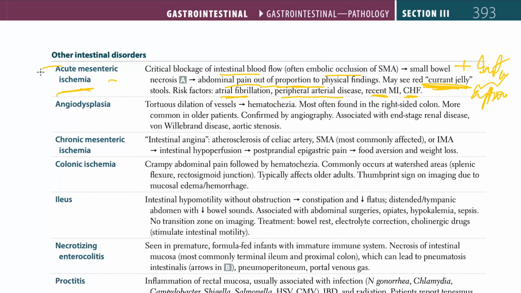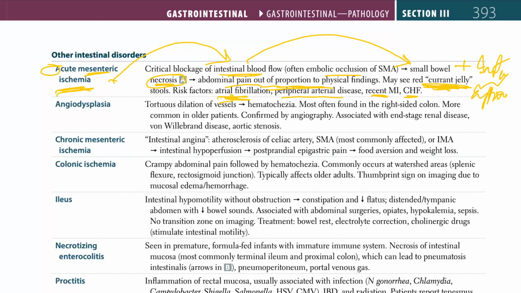So the whole story in acute mesenteric ischemia is that you are blocking the intestinal blood flow, which leads to small bowel necrosis. When you have small bowel necrosis, you have pain out of proportion, and you have currant jelly stools. The risk factors are there to cause the block, right?